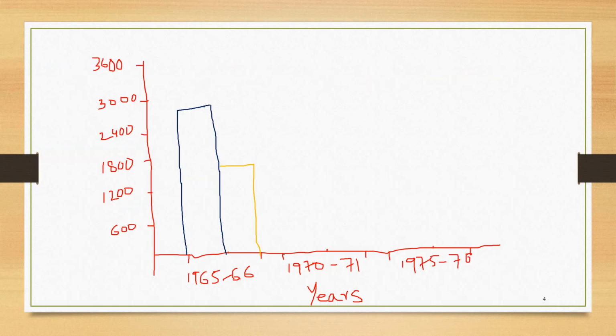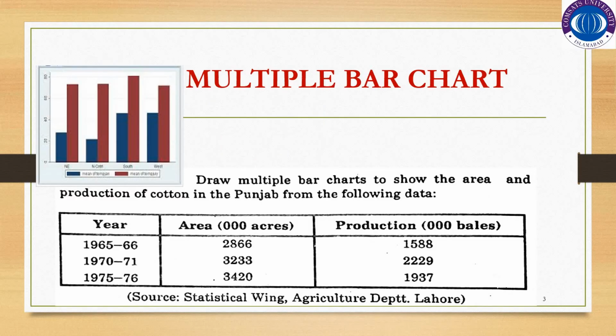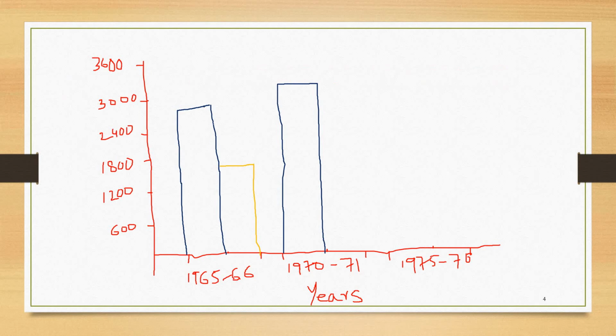That will be somehow over. To save time, we will first draw the third bar of area, that is 3420, and it will be some more higher than 32, like this.